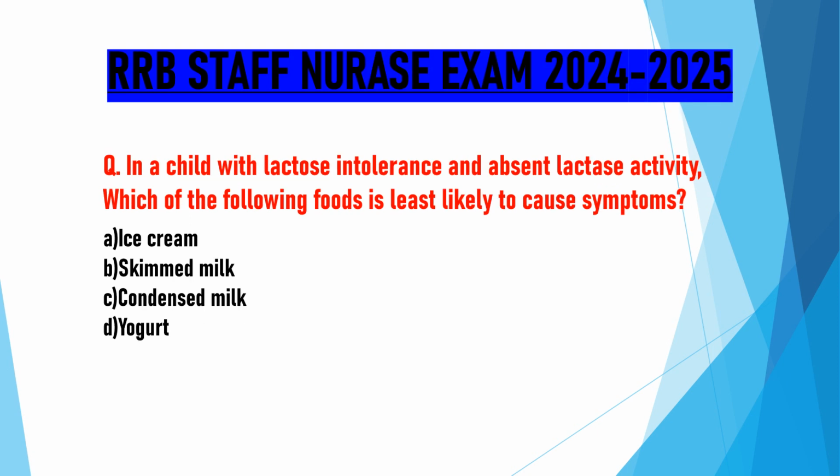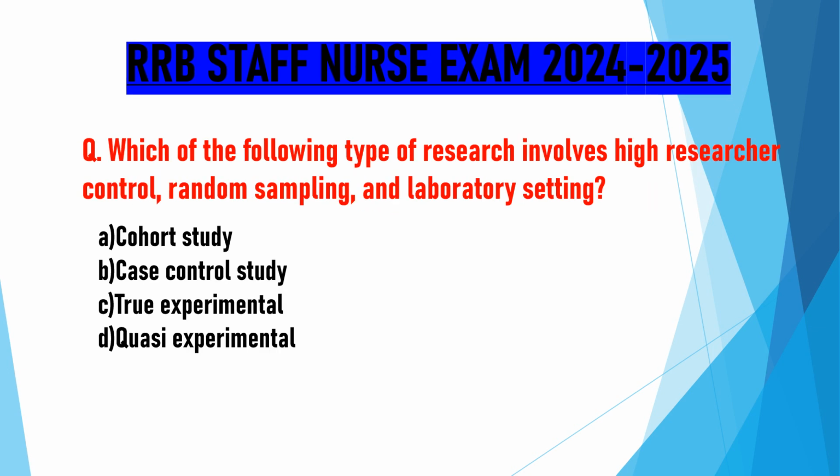In a child with lactose intolerance and absent lactase activity, which of the following food is least likely to cause symptoms? Options are ice cream, skimmed milk, condensed milk, yogurt. So the answer is option D, yogurt. Which of the following type of research involves high researcher control, random sampling, and laboratory setting?